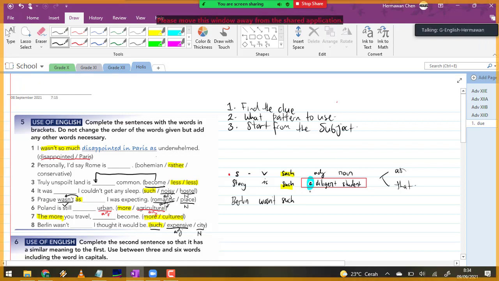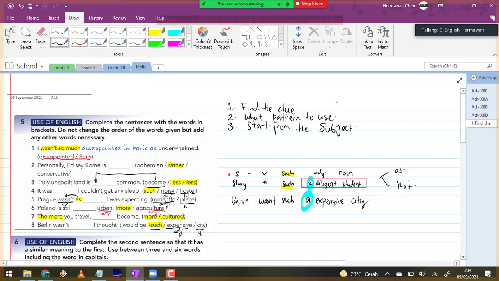If the noun is singular, you have to use the article. Because city, Berlin is singular, city is also singular, it means you have to use a. Don't forget to use the article because the noun is singular. Then put the adjective, expensive. And then put the noun, city.